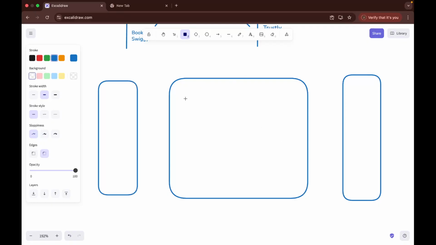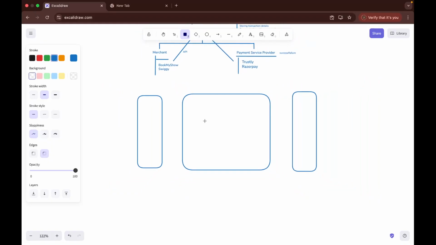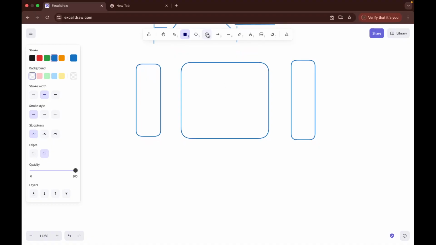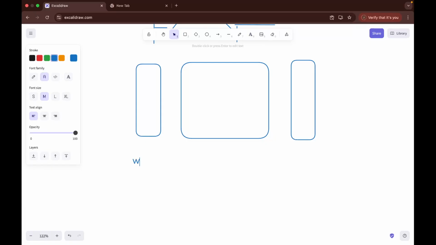Before we discuss the architecture, we need to know about microservices.